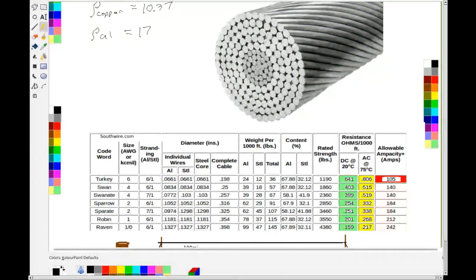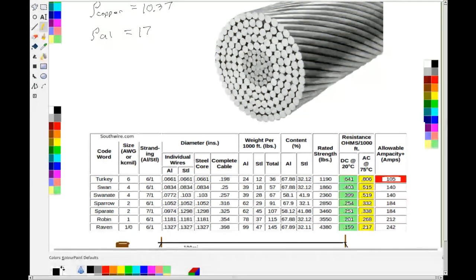If you notice, they gave us DC at about 20 degrees Celsius. And if you remember, to calculate between Celsius and Fahrenheit, you basically multiply by 9/5, which is almost 2. So you basically double that, which would give you 40 degrees, plus you add 32. So 20 degrees Celsius is kind of right around room temperature, where 75 degrees Celsius is much hotter.